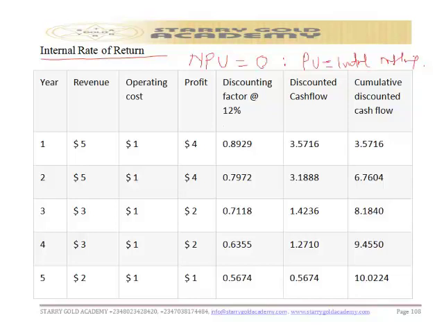So when the initial outlay and the present value are equal, that is when NPV equals 0. And when we have a discount rate that gives us an NPV equal to 0, it means that we just break even, if I was to put it that way. So that rate is what we call internal rate of return, the rate that makes the present value generated from an investment equal to its initial outlay.